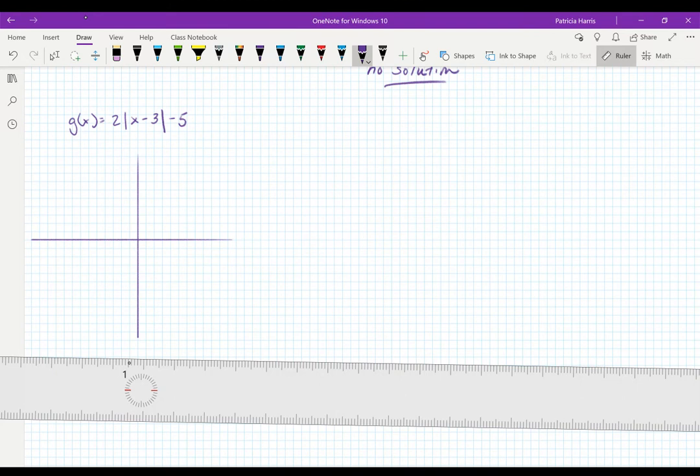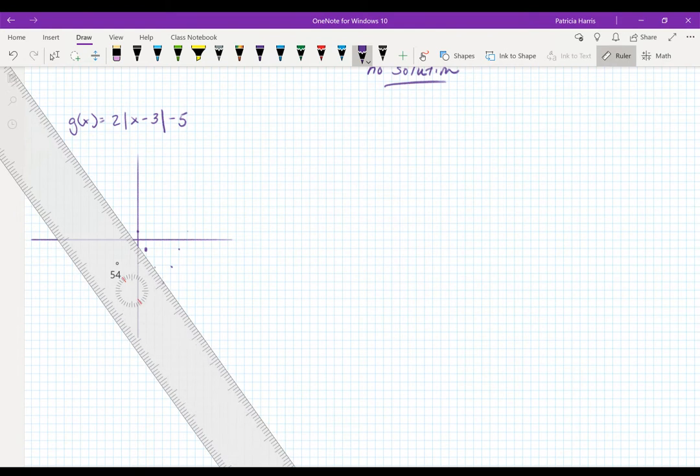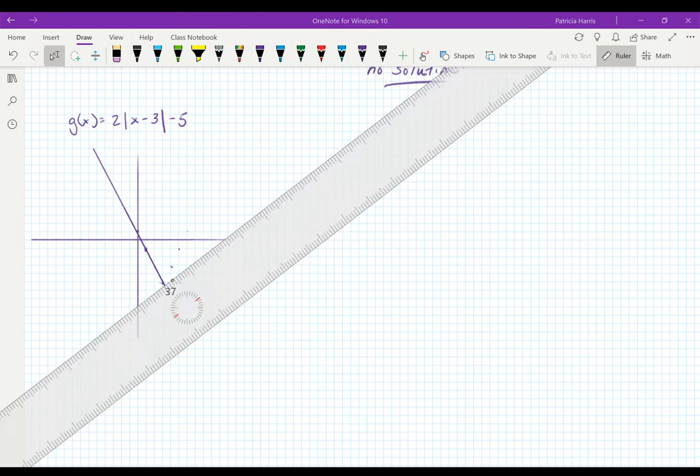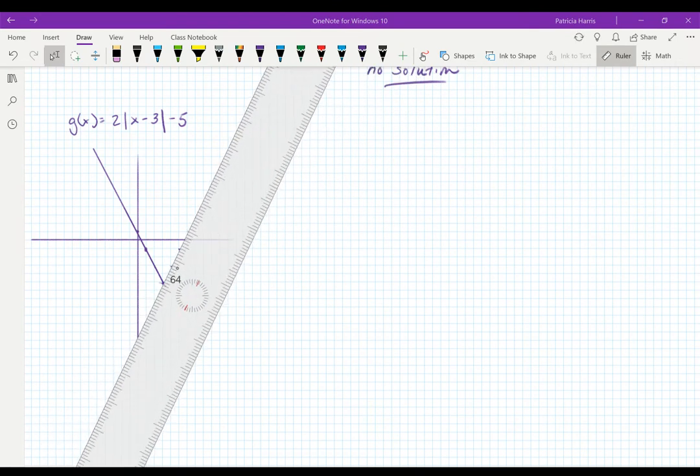So let's find 3, -5 first, and then let's count out my slope of 2 over 1, making my V. Whenever you solve something by graphing, you want to make sure your graph is as neat as you can get it. Makes life a little bit easier.